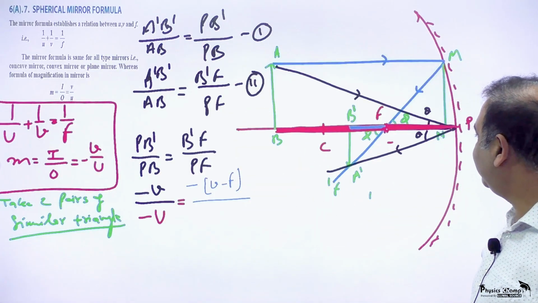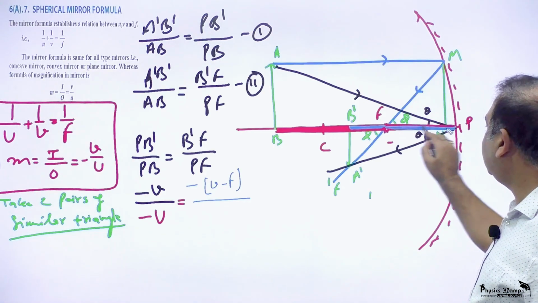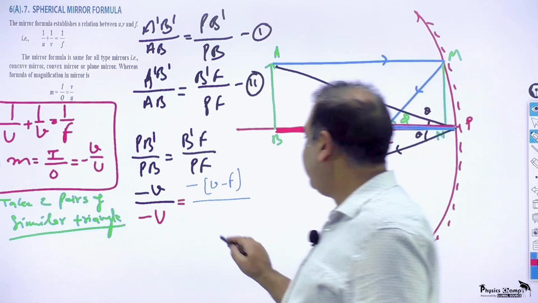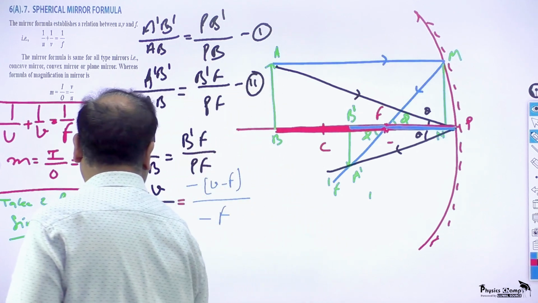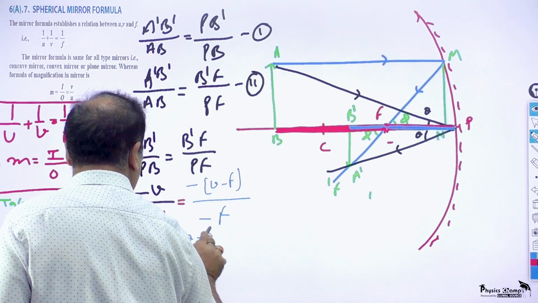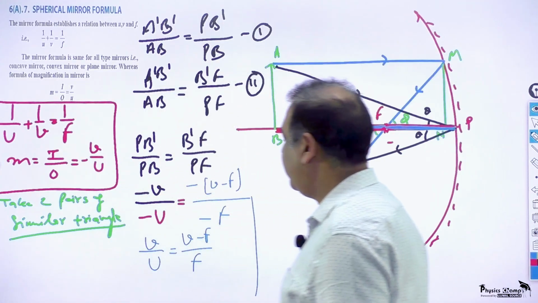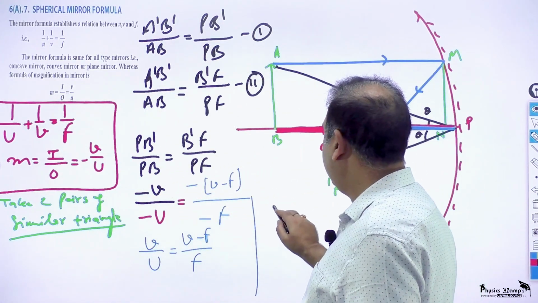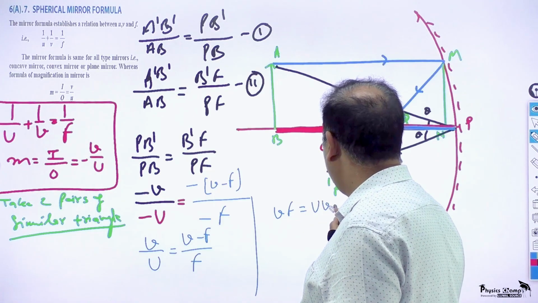And then PF, what will this distance be called? Minus F. So you finally have the relation V by U is equal to V minus F by F. Let's do the cross product. You will get VF is equal to UV minus UF.